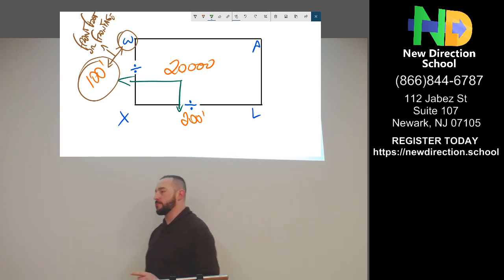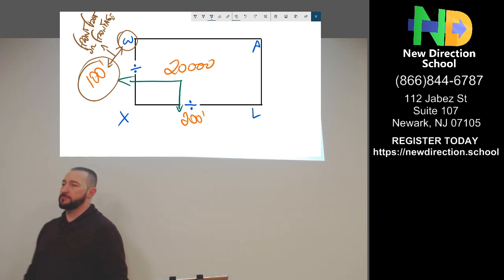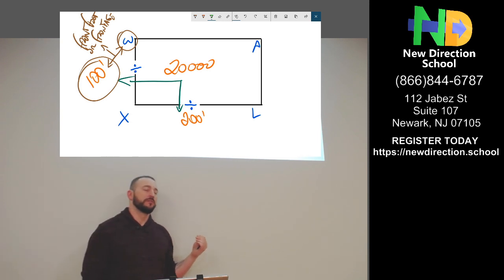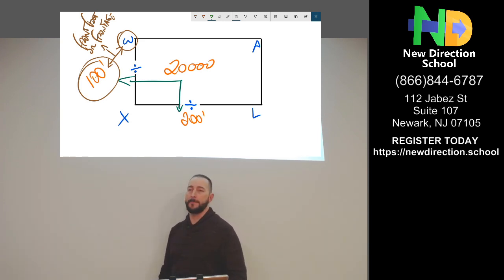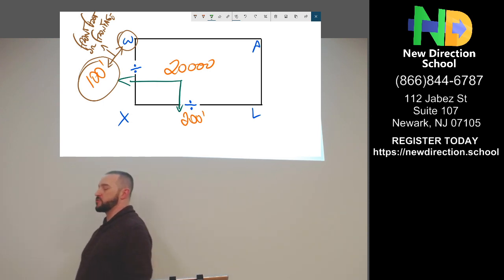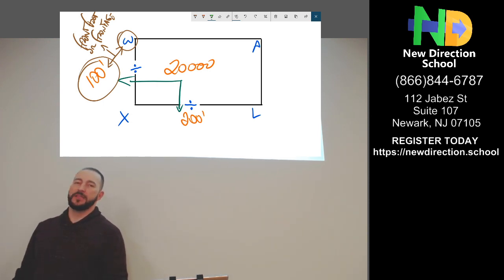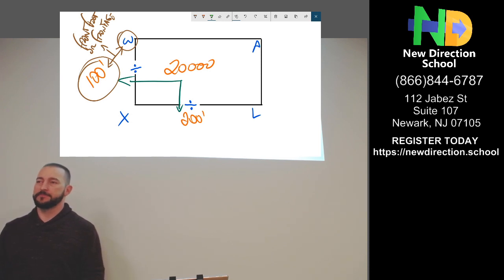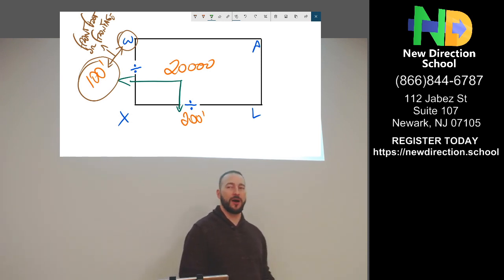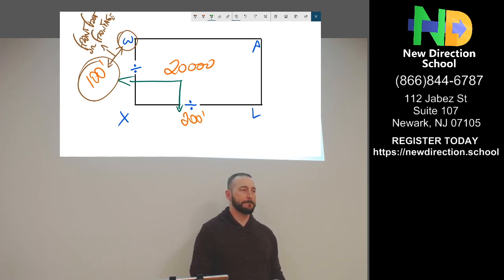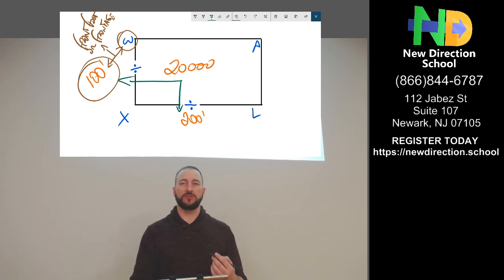Why is this important? Because there's going to be a question in this chapter, in the school exam, and there's definitely a question in the state exam. Properties being sold at $400 a front foot. What is the value of a property that measures 100 by 200?